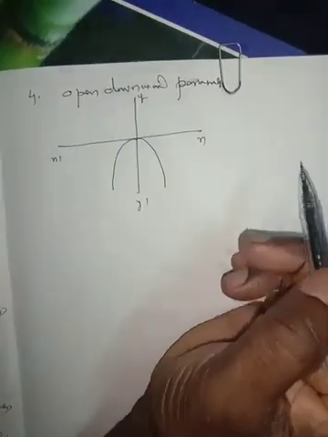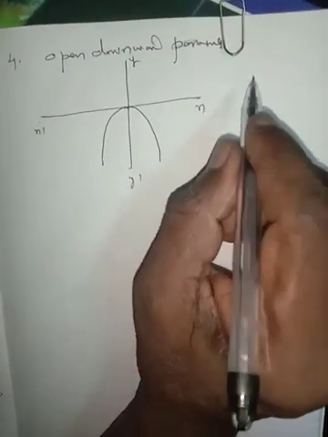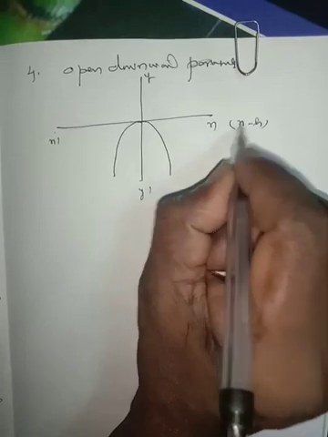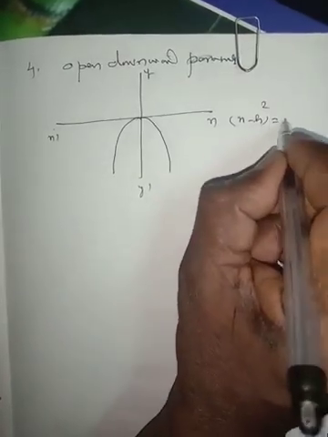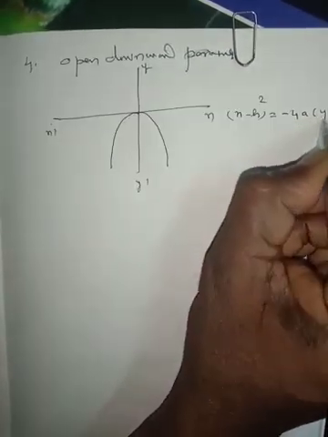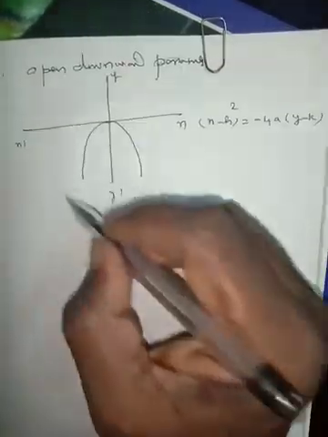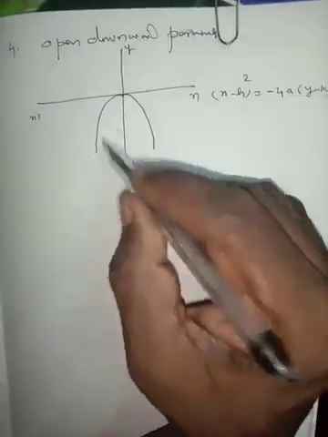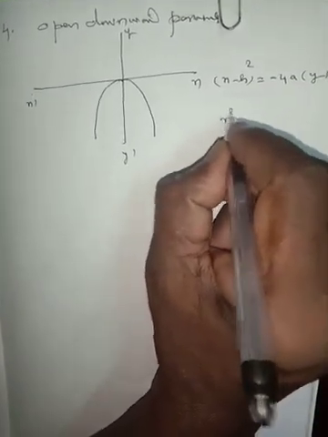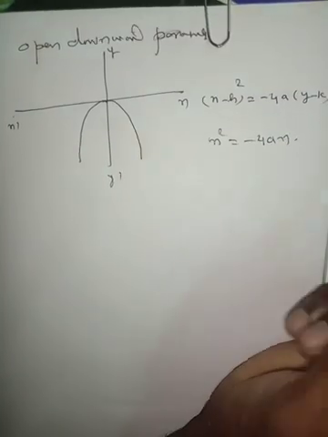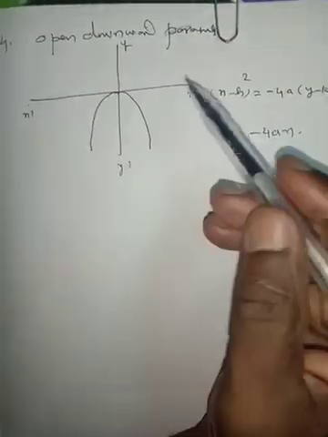The general equation of the open downward parabola is x minus h whole square is equal to minus 4a into y minus k. In this case, the diagram passes through the origin, therefore h and k are 0, then x square is equal to minus 4ay.